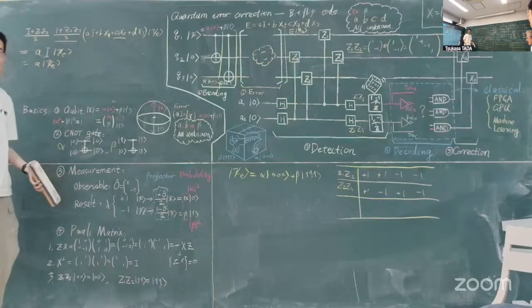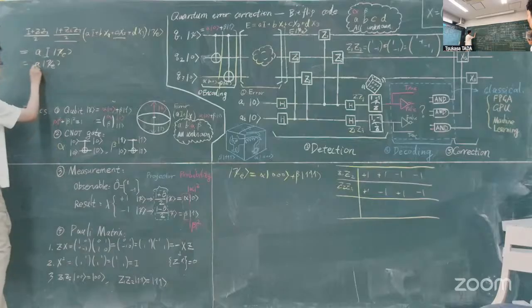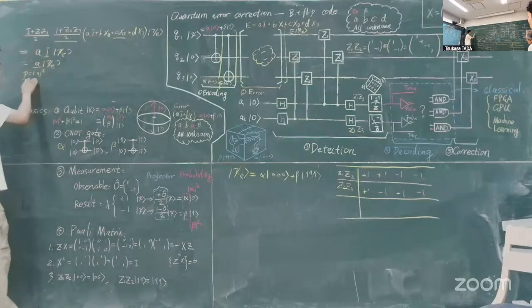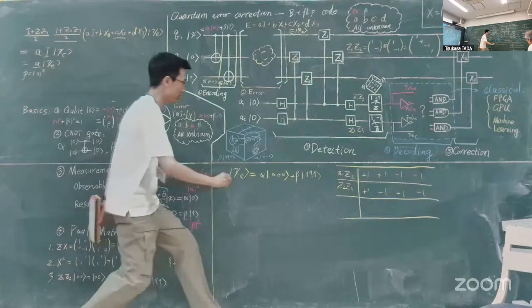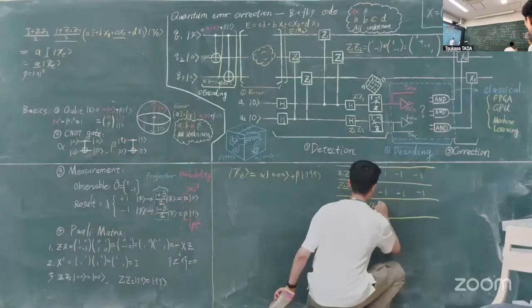So after the measurement, no error happens, nothing happens. So we only leave amplitude A, which means that the probability of getting the plus result is A squared, which is the probability. So we can denote the result here A psi e.